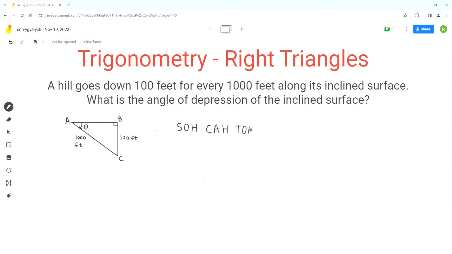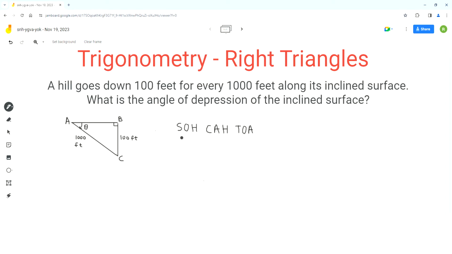SOH represents the formula for sine: sine is equal to opposite over hypotenuse. Cosine is equal to adjacent over hypotenuse. And tan is equal to opposite over adjacent.